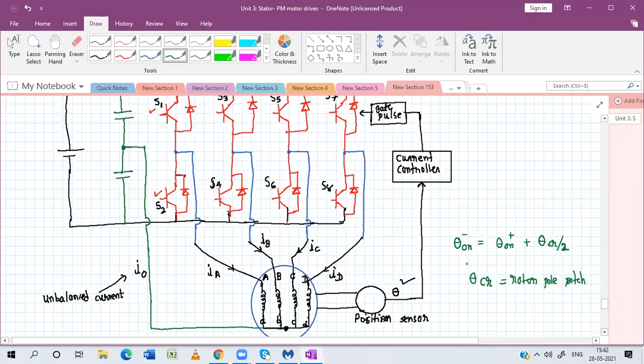In the same way, theta off is equal to theta off plus theta CR by 2.